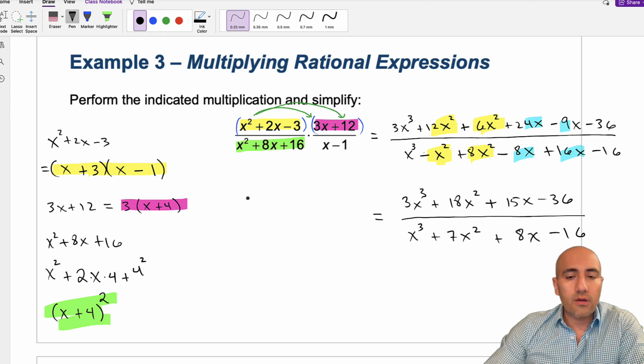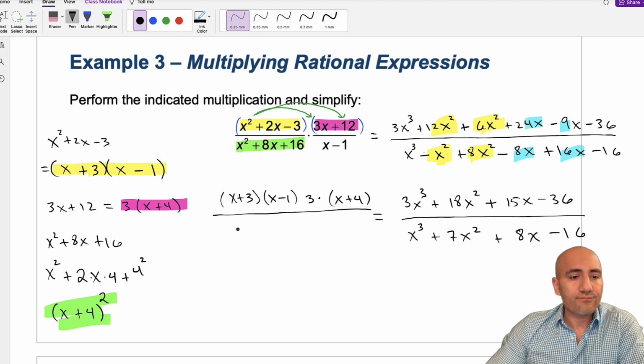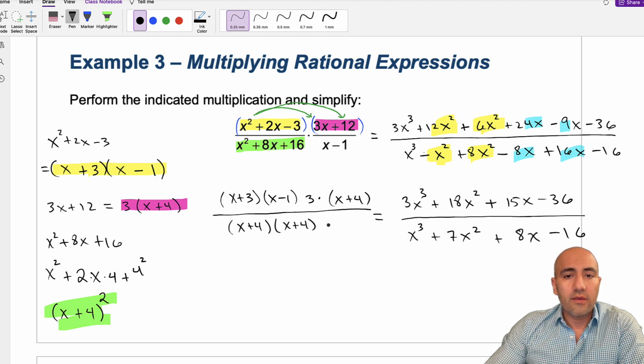So our new product is going to be equal to x plus 3 times x minus 1 times 3 times x plus 4, the whole thing divided by, and we have an x plus 4. I can write it as an x plus 4 squared, but I'm just going to copy it twice since it'll make it neater when I cancel. And then there's a copy of x minus 1 there.